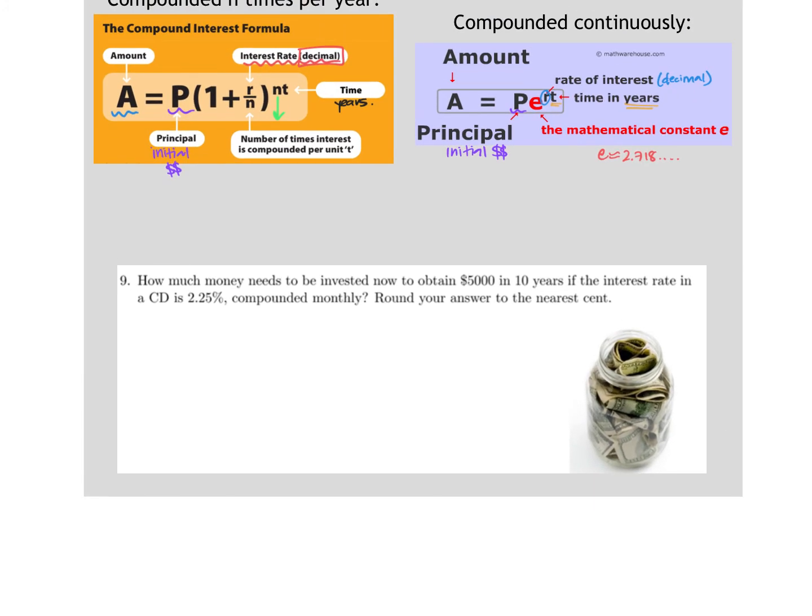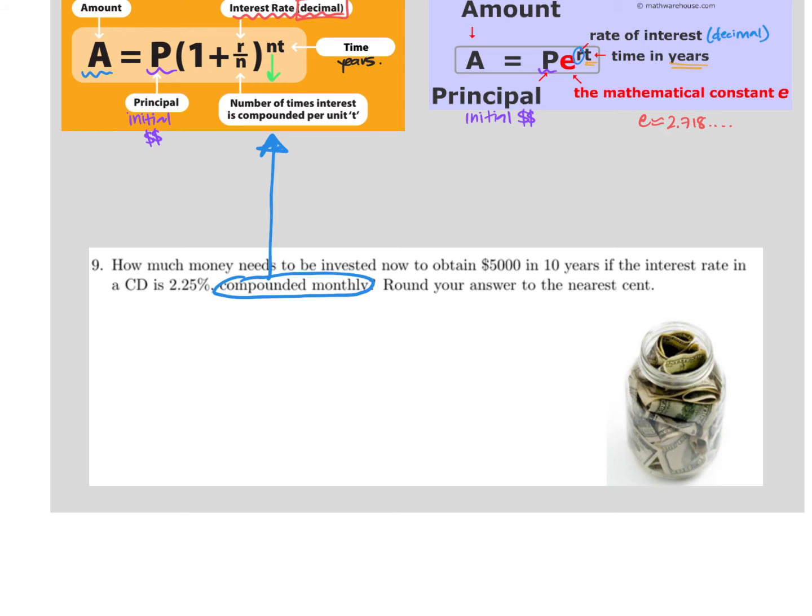So because it's compounded monthly, we're going to be using this first formula. Monthly means it's going to be compounded 12 times per year, so n is going to be 12. What we're trying to figure out is the initial amount. We want to know how much should be invested. So what we're trying to find is P, the principal amount.